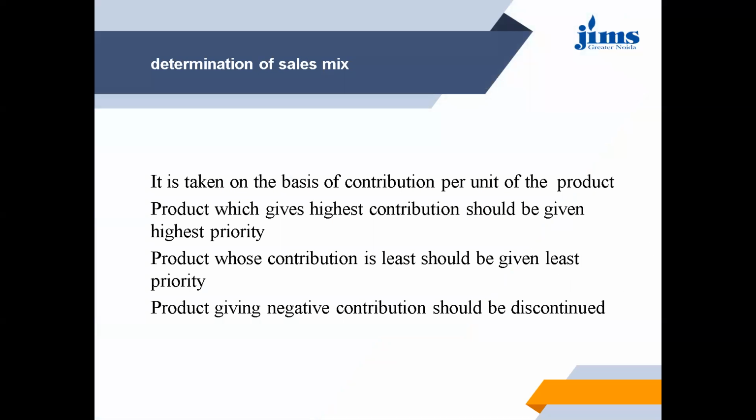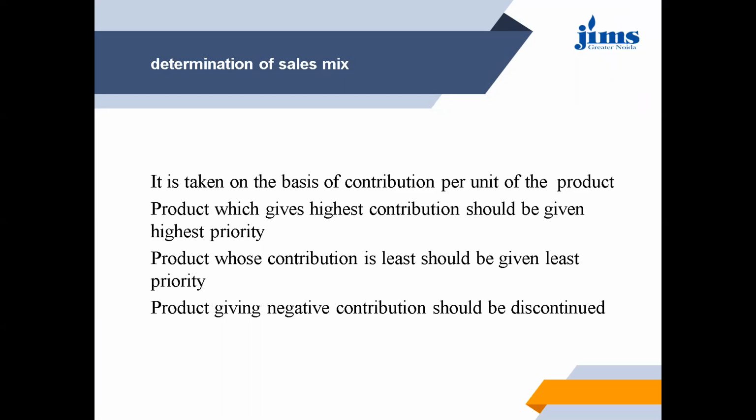First one is determination of sales mix. The sales mix is determined on the basis of contribution per unit of the product. So obviously, the product which gives the highest contribution should be given highest priority. And the product whose contribution is least should be given least priority.